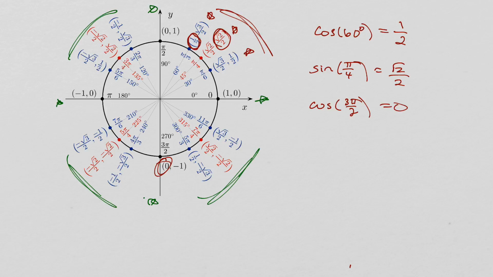So at least one of the 2 things we're going to be doing today is using these values in quadrant 1 to help us get the values in quadrant 2, quadrant 3, and quadrant 4, using reference angles. So let's do a couple of examples of reference angles just to remind ourselves how we're supposed to find these.